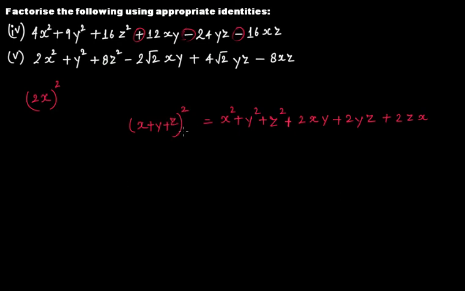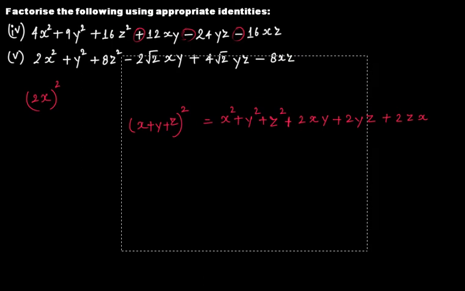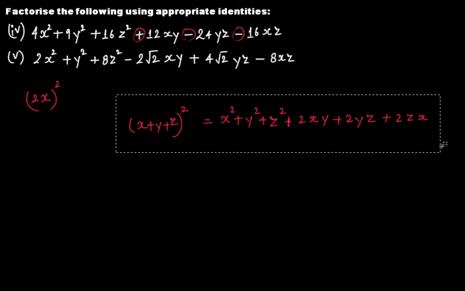This should remind you of this, because here we have positive, but now we have negative. It means that one of the terms out of x, y, z is negative. So let's copy it here.